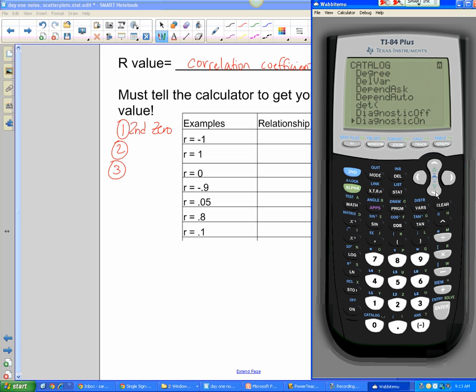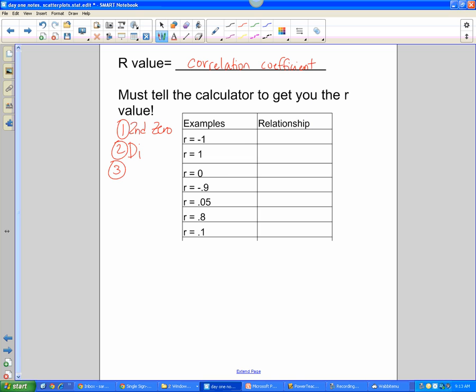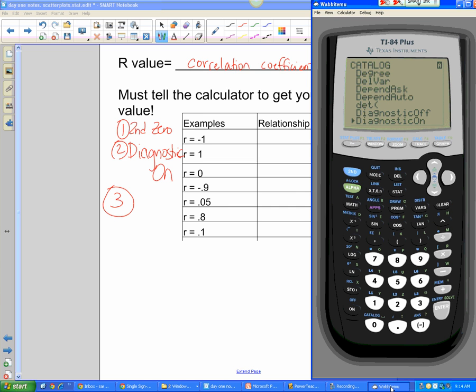Okay, so diagnostic on. So write that on your paper. Diagnostic on. And then you press enter.